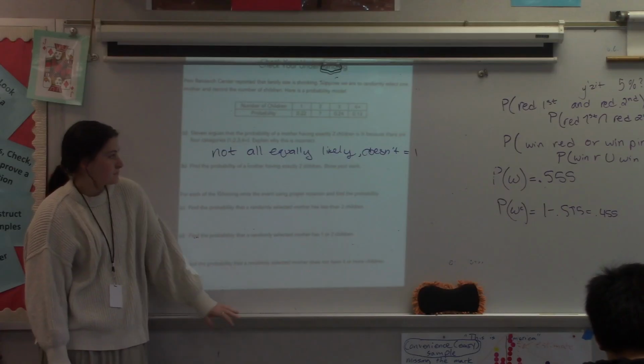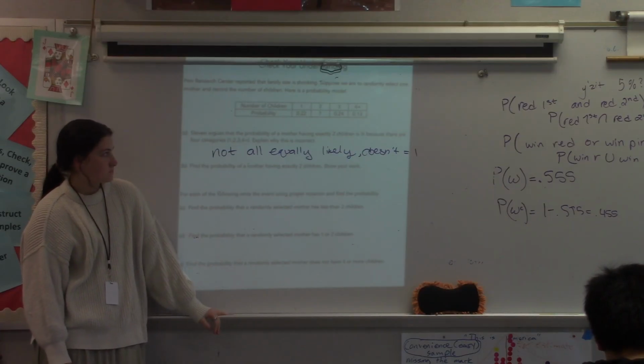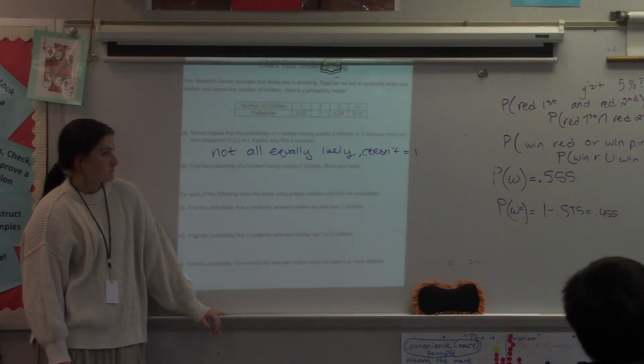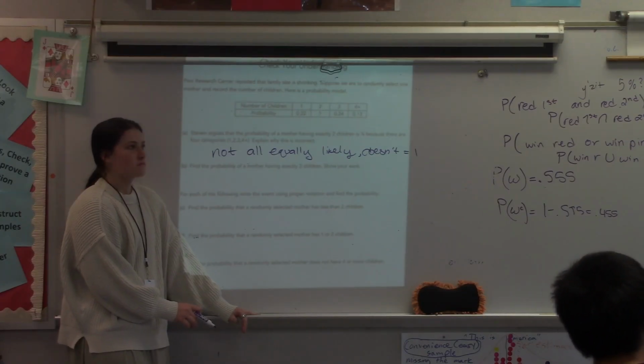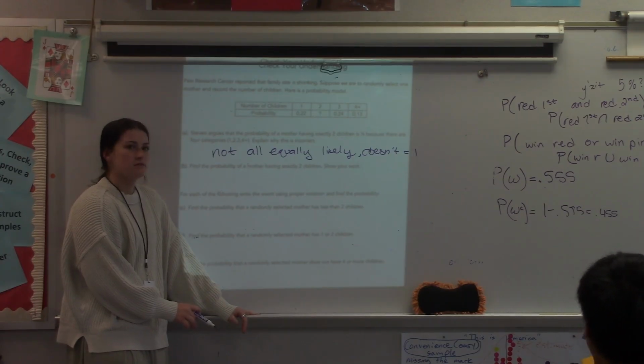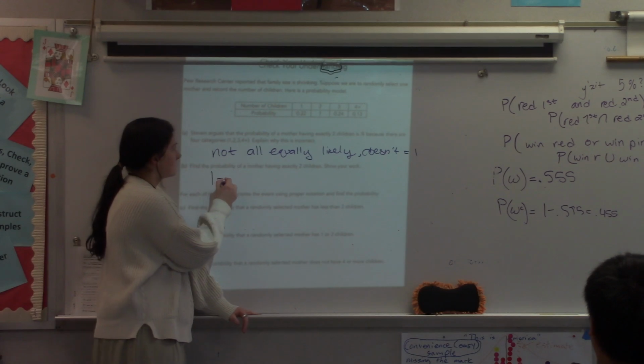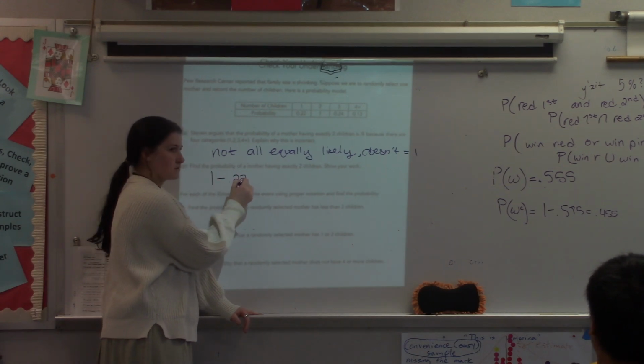So what is the probability of having exactly 2 children? 1 minus 0.22 minus 0.24 minus 0.13.